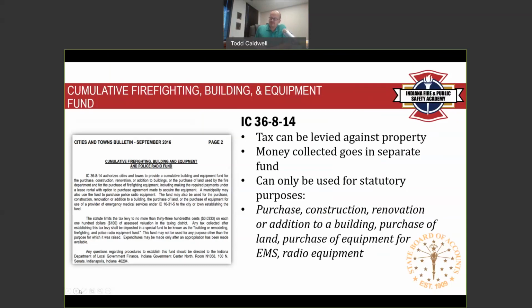The fund can also be used for the purchase, construction, renovation, or addition to a building, the purchase of land, or the purchase of equipment for use of a provider of emergency medical services under Indiana Code 16-31-5.